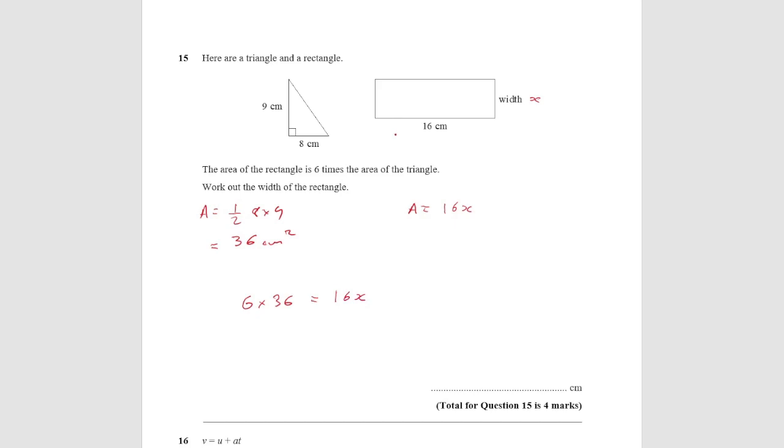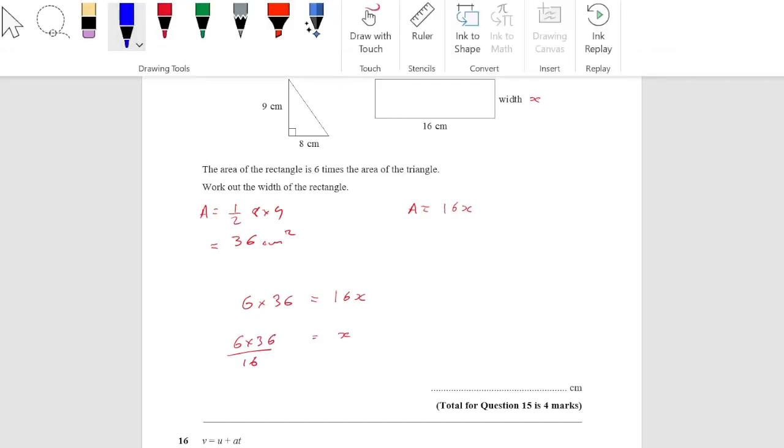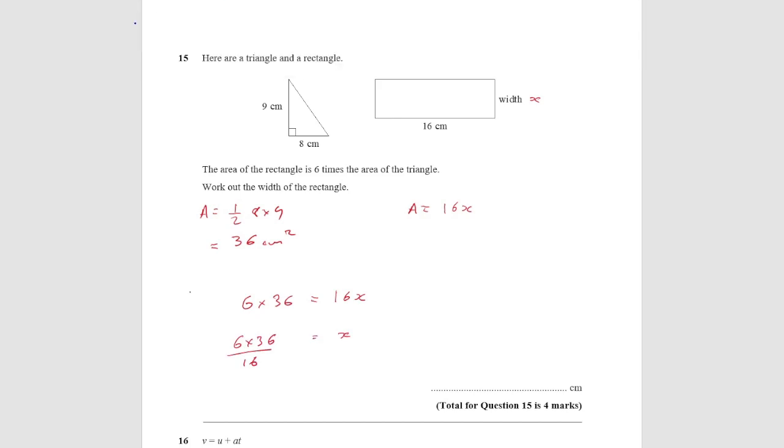Make the maths a little bit simpler here. So to find x, then x is going to be equal to 6 times by 36 divided by 16. And there's nothing wrong with doing that multiplication. You're more than capable, I'm sure. I'm going to tidy it up slightly differently though.